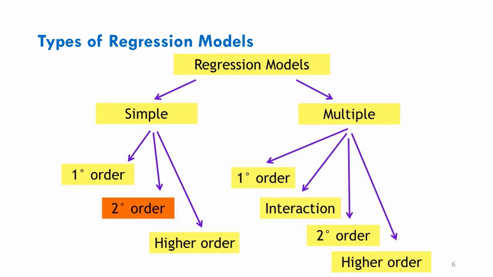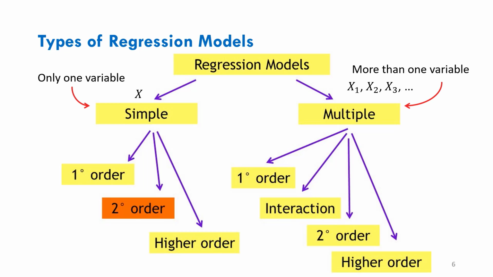Simple regression and multiple regression are the two types of regression models. With only one independent variable x, we term it simple regression, while for more than one independent variable, x1, x2, x3, or many more, it is termed multiple regression. If the order of the variable is 1, that is, the power of x is 1, the model is called linear.